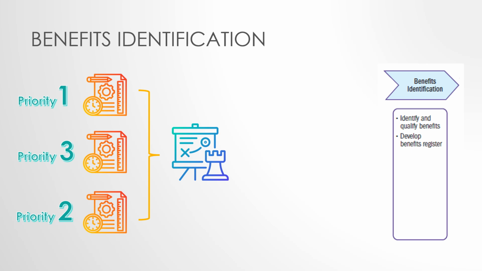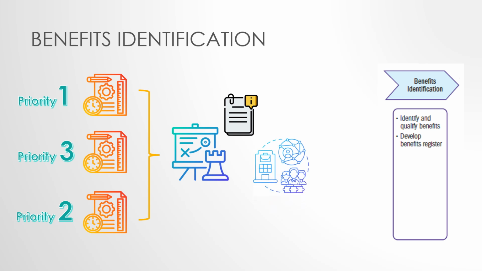The purpose of benefits identification is to analyze the available information about organizational and business strategies, internal and external influences, and program drivers to identify and qualify the benefits that program stakeholders expect to realize out of the selected programs. This process can refer to the program charter, which is supported by a validated business case.